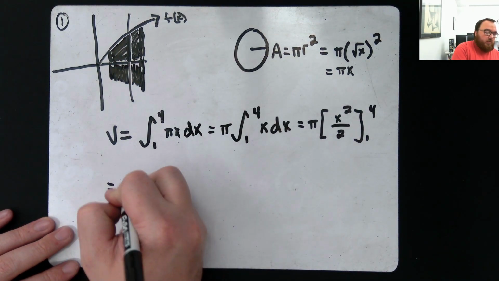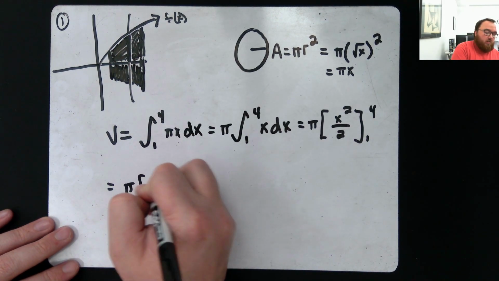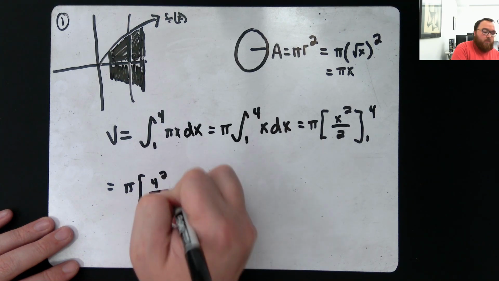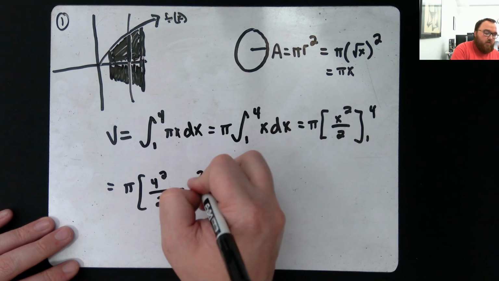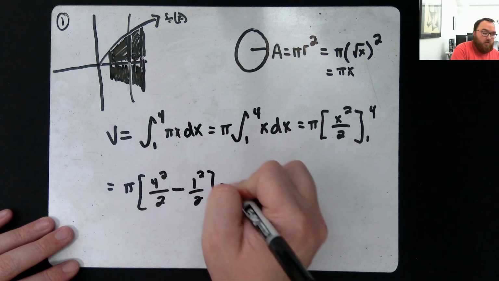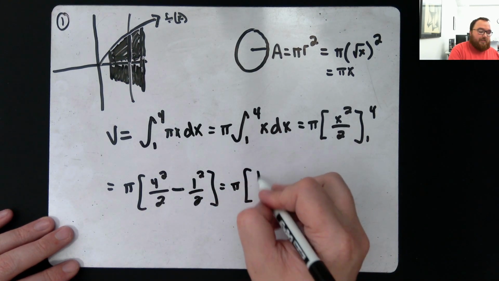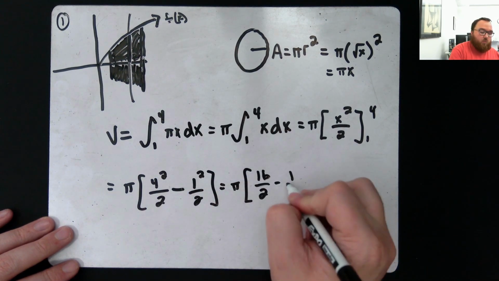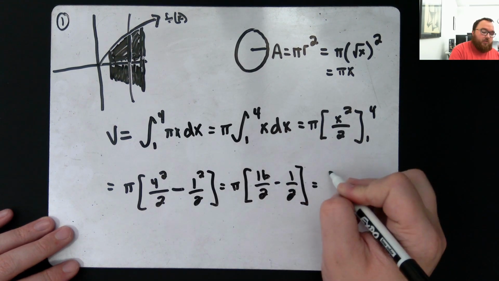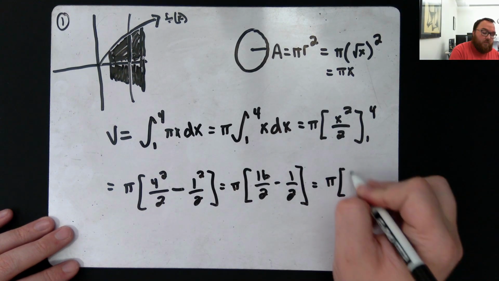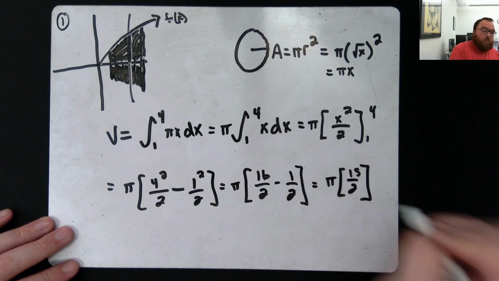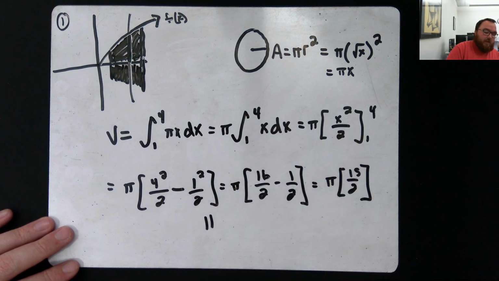Plug in a 4 first: 4 squared over 2, minus, plug in a 1. 4 squared is 16. 1 squared is 1. 16 minus 1 is 15. So the volume is 15 pi over 2.